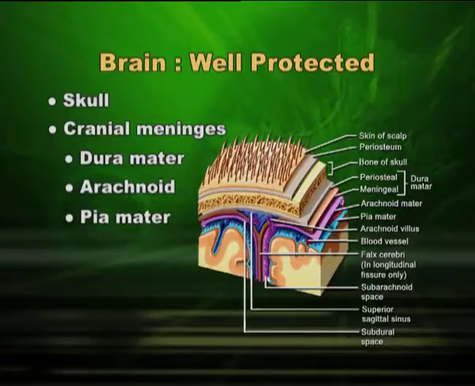A fluid is filled between these membranes. You can imagine that the skull is hard and the brain tissue is very soft. Between these two, there are three membranes enclosing two compartments which are filled with fluid, which supplies cushion to this brain tissue.